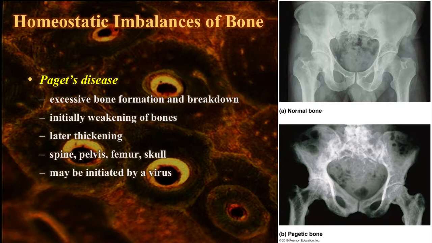Okay, Paget's disease, excessive bone formation and breakdown. Initially, there's a weakening of the bones because the osteoclast activity is stronger, but then osteoclasts kind of slow down, and you end up with a thickening of the bones because the osteoblasts are still working. It usually happens only in certain areas in the body, so not everywhere. It may be initiated as virus, and this shows up later in life.